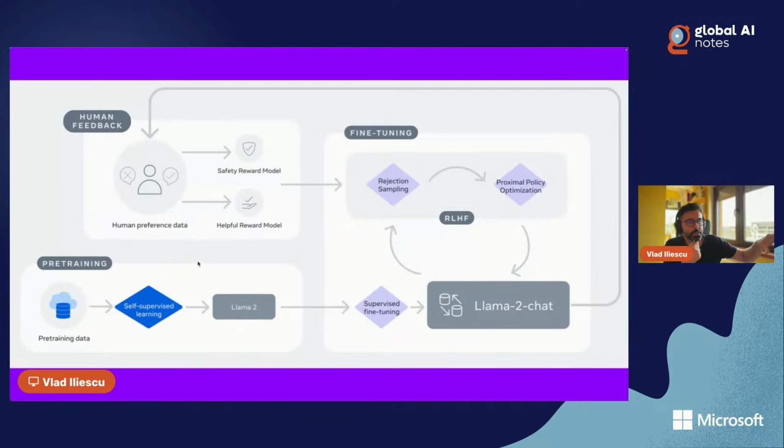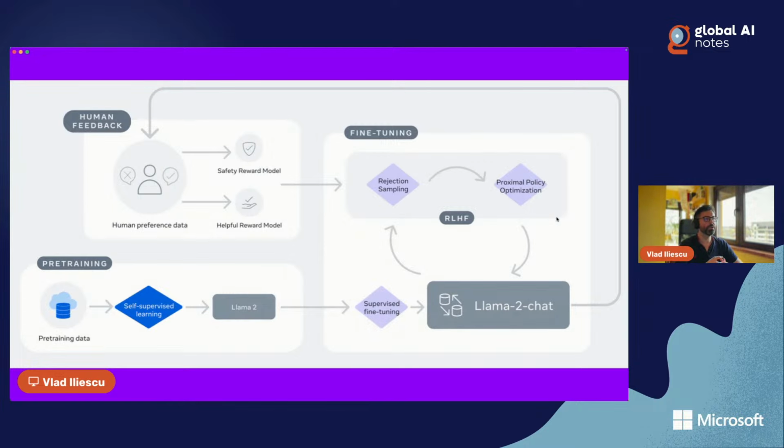Incidentally, this is a bit from the Llama paper from Meta, highlighting their training pipeline. As you can see, it's really similar to what we discussed before. They have this pre-training step, then the supervised fine-tuning, where they go from a Llama 2 base model to a Llama 2 chat model.